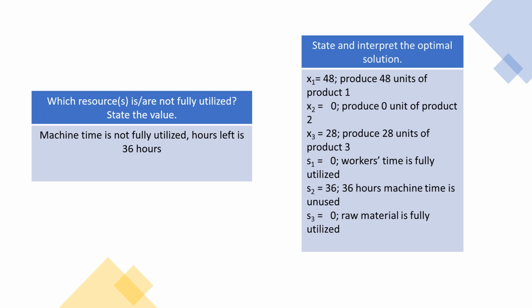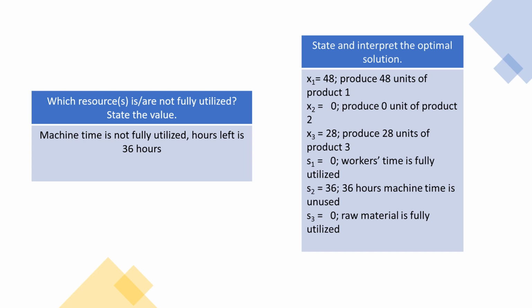Which resource is or are not fully utilized? State the value. S1, S2, and S3 represent unused resource for labor hour, machine hour, and raw material respectively. As we see, the values for S1 and S3 are 0.